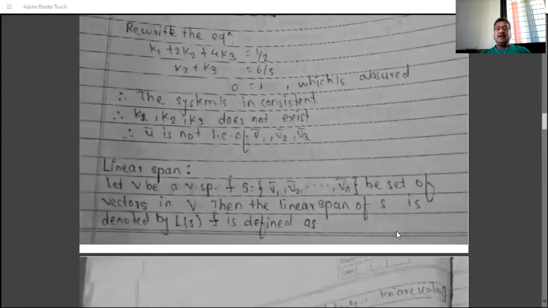But this is a non-homogeneous system, so it may be consistent or not consistent. If the system is consistent, then we say the vector is a linear combination of the remaining vectors. This one is not consistent, and therefore U bar is not a linear combination of V1, V2, V3.